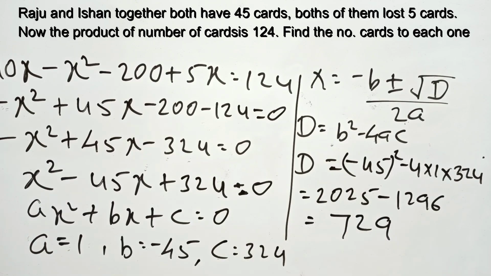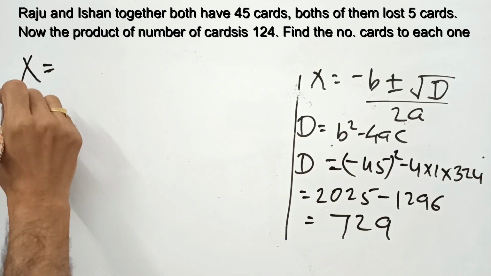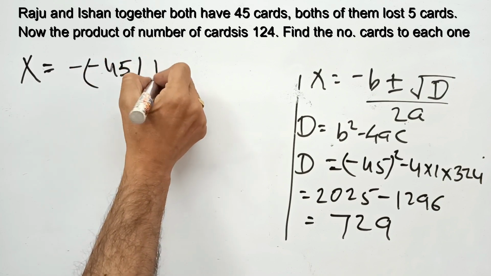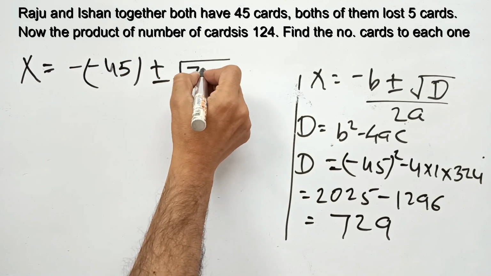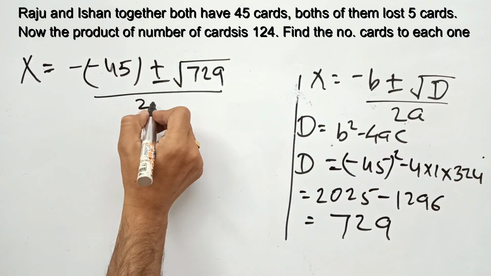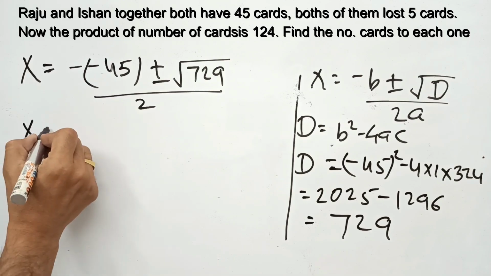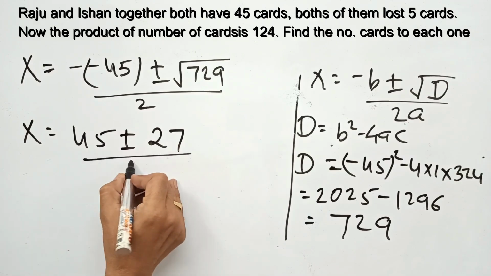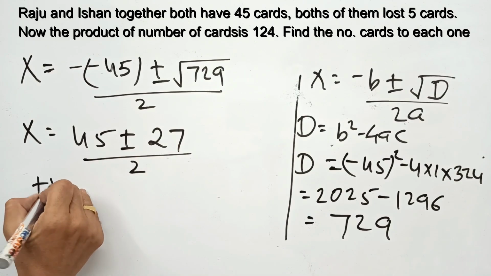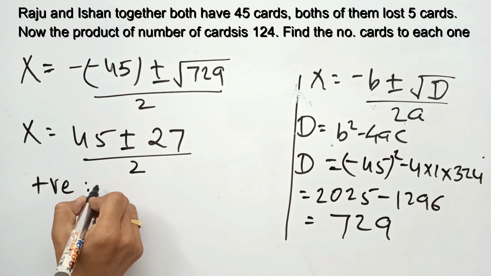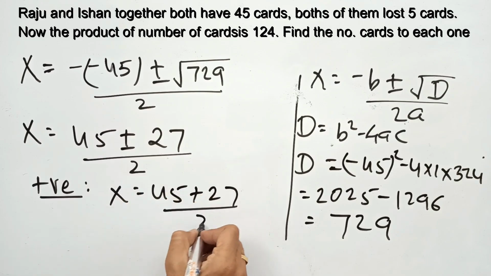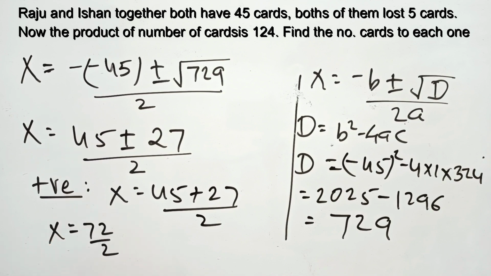Now let us find the value of x. Minus b means minus of minus 45, plus minus under root d, upon 2a. a means 1. The square root of 729 is 27. Now student, one by one we will take the positive and negative. Taking the positive sign, x is equal to 45 plus 27 upon 2, 72 upon 2, so it is 36.